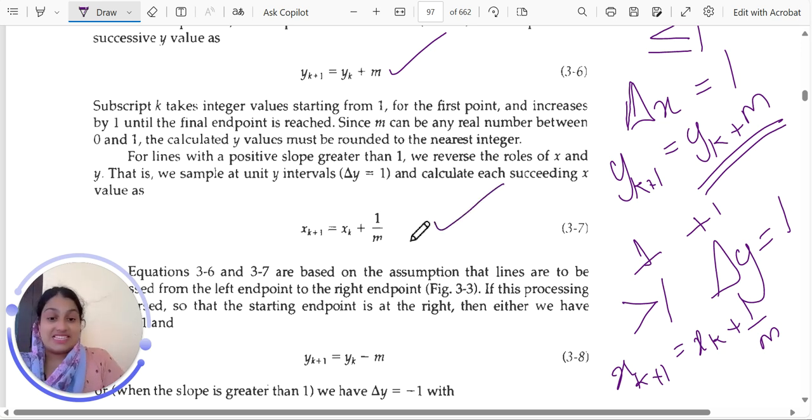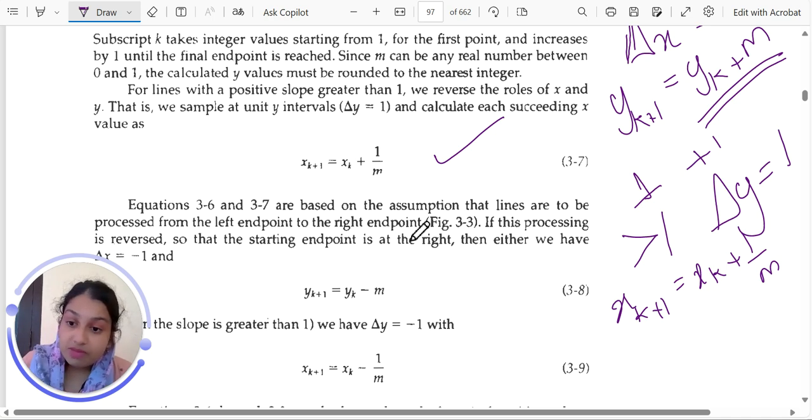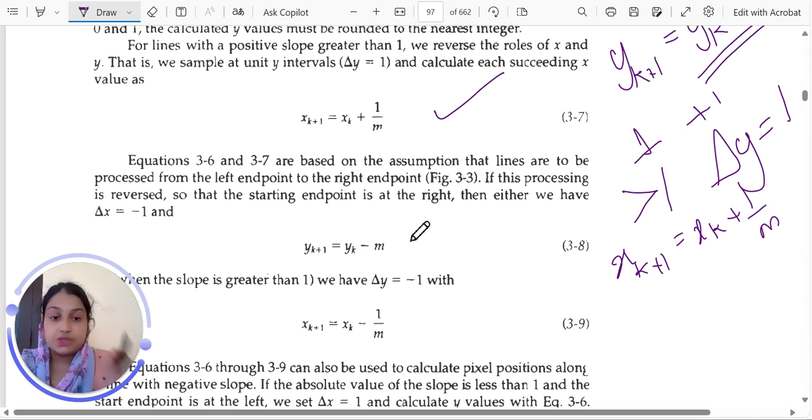Both these equations are based on the assumption that lines are processed from the left endpoint to the right endpoint. That is, only if it is going from left to right.